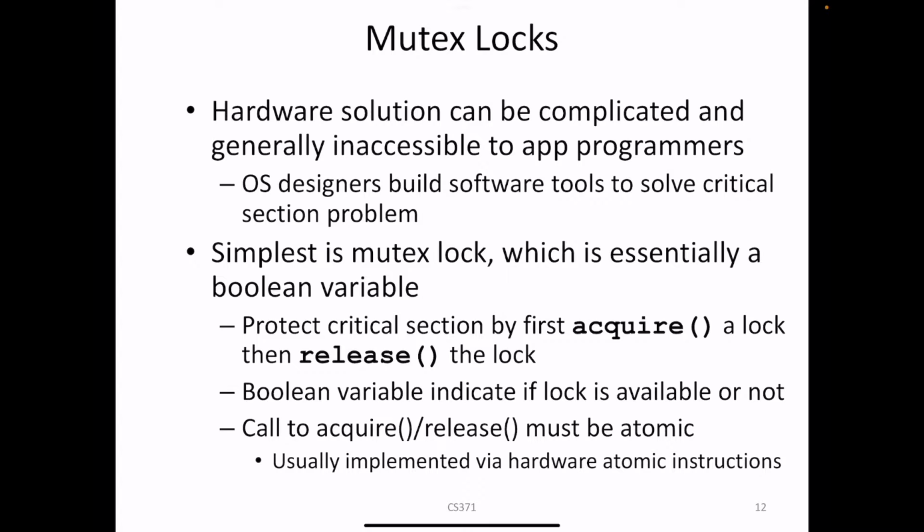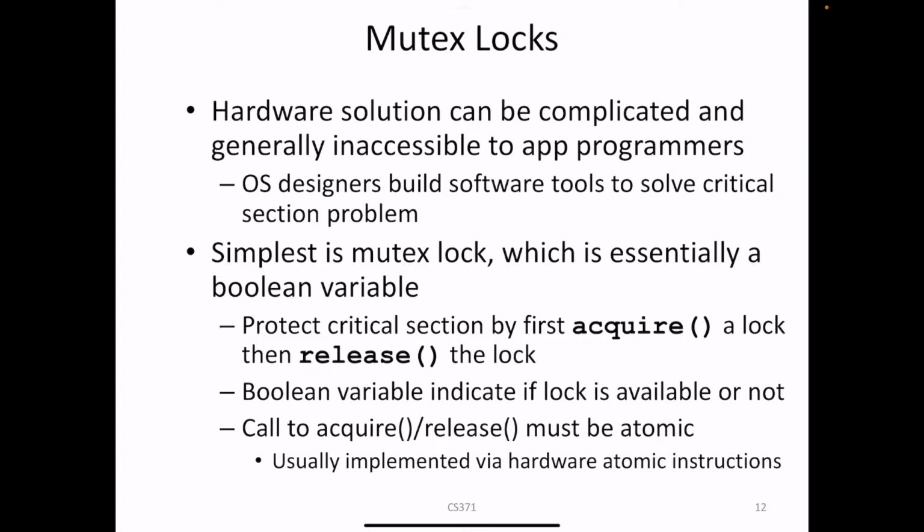The simplest one is the Mutex lock. Here, Mutex is short for mutual exclusion. The Mutex lock is essentially a Boolean variable. What the Mutex lock does is protect a critical section that all the processes want to access.